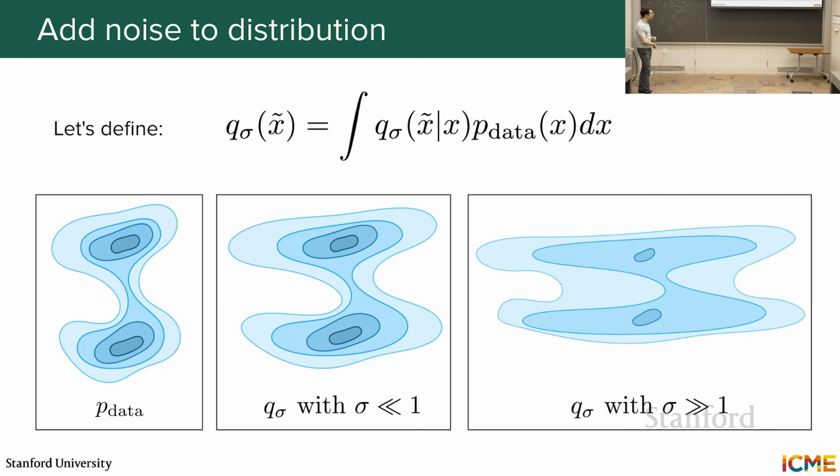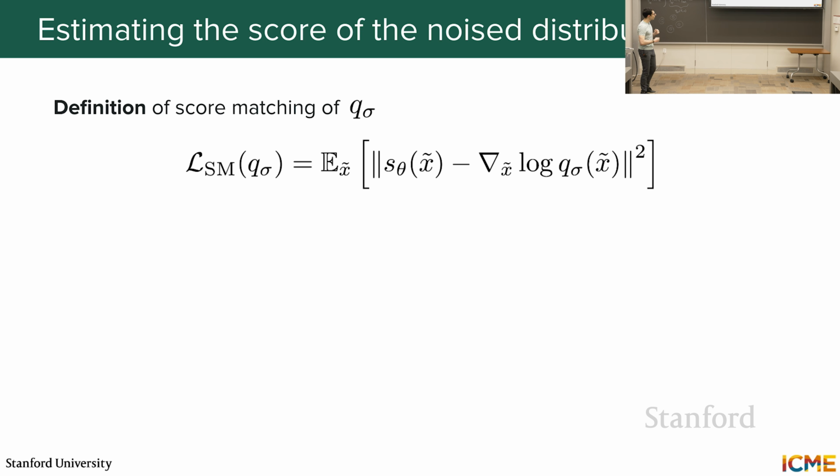So how can you use these definitions to compute the true score? We're going to see it now. Let's consider the score matching objective not on the original data distribution, but on the noisy distribution.